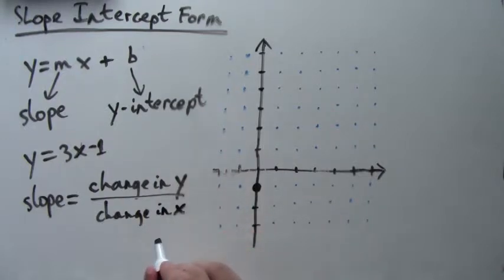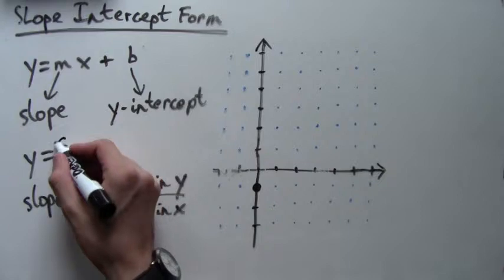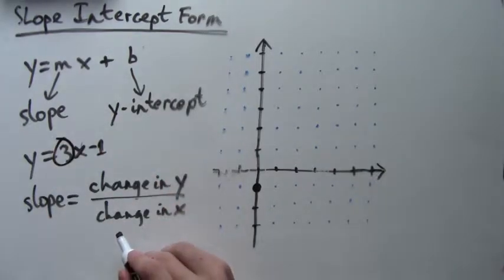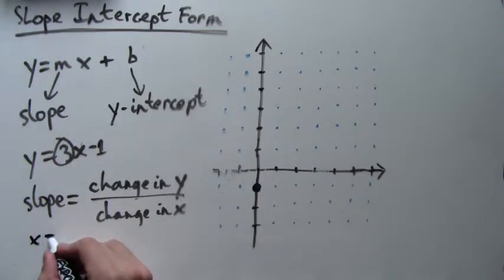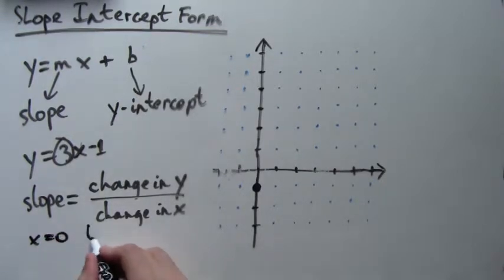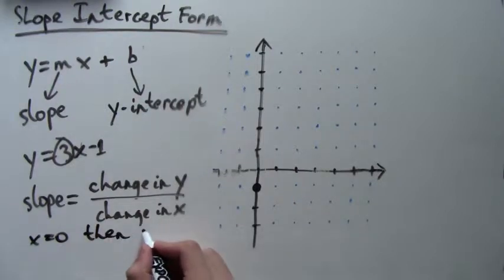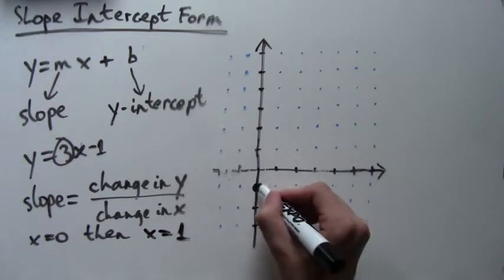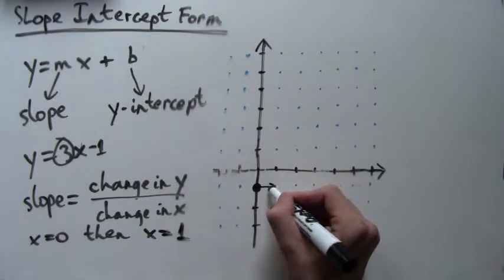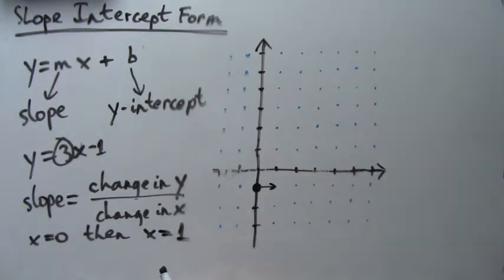We also know that in this case, the slope equals 3, because 3 is multiplied times x. So what does this mean? Say we start with x equals 0. We already have the point x = 0, y = -1 drawn. But we want to move 1 to the right. That is, we make x equal 1.